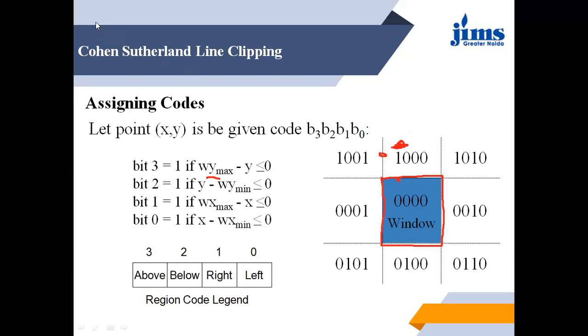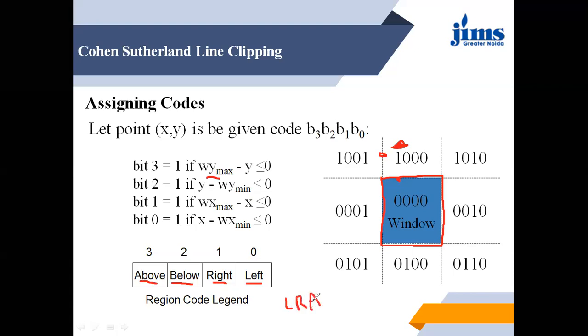One more thing, it is not necessary that we take this in this format, meaning in the first we take above, in the second below, in the third right and in the fourth left. It's not predefined. We can also write left, right, above and below.